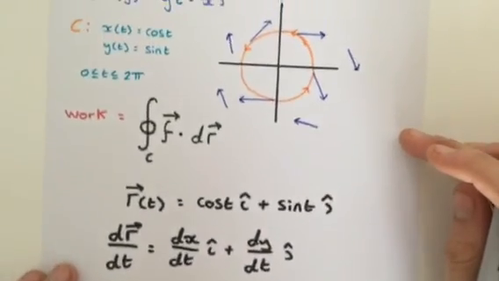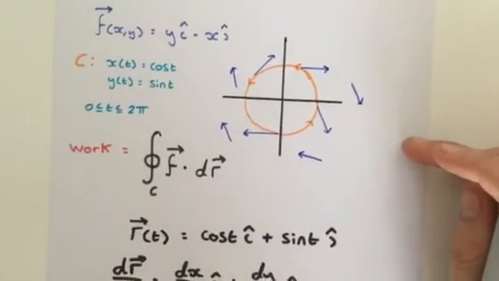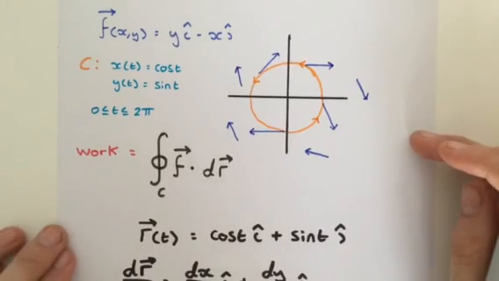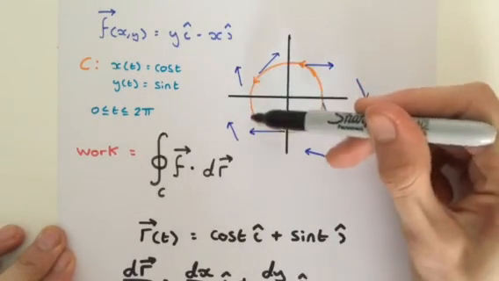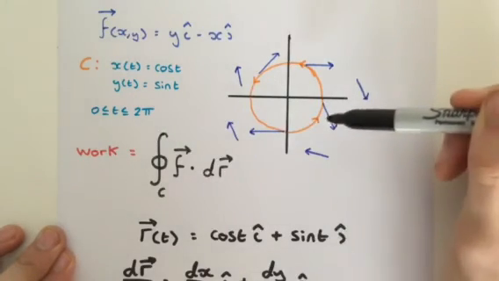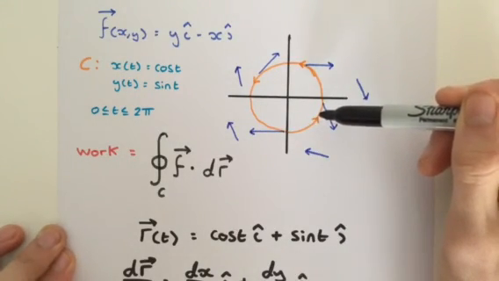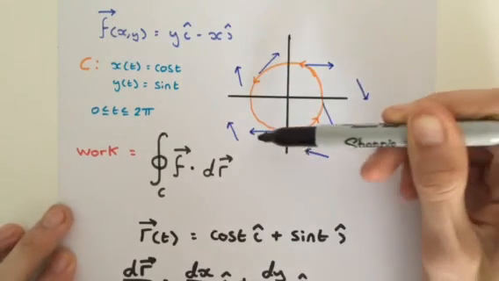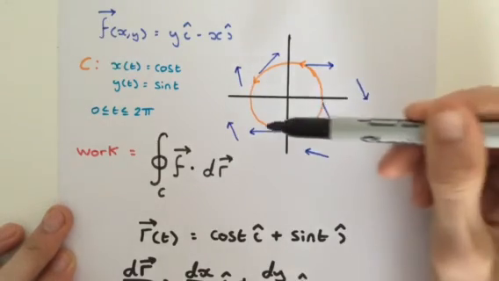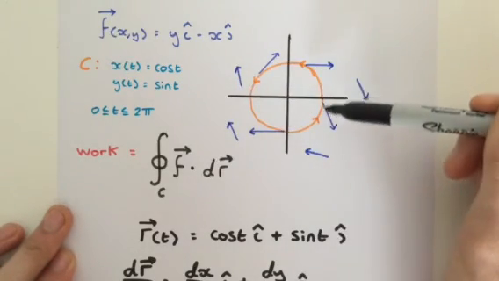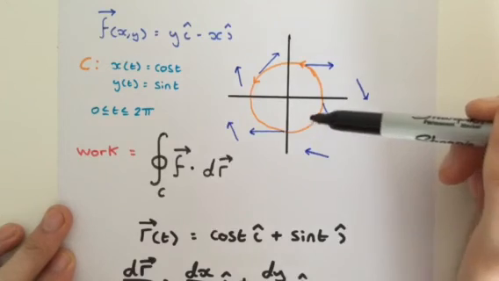Well, that makes sense with what we said earlier at the start of the video. The work done on a particle moving in the anti-clockwise direction on our unit circle, the work done by the vector field, or the components of the vector field acting on the unit circle, is going to be negative work.